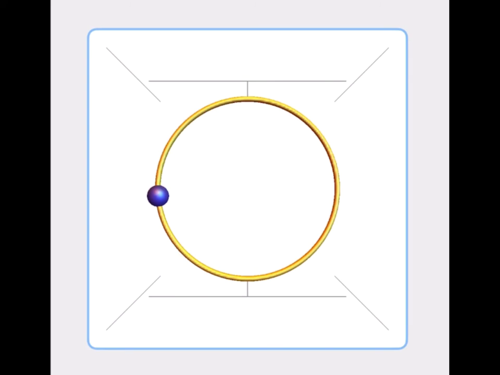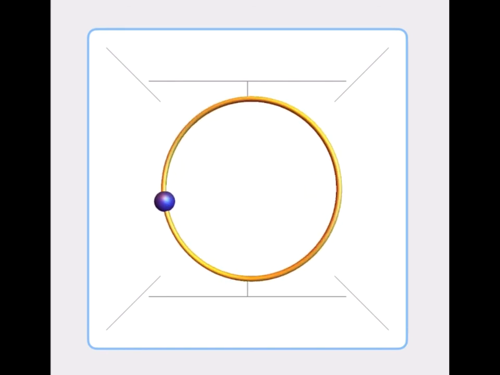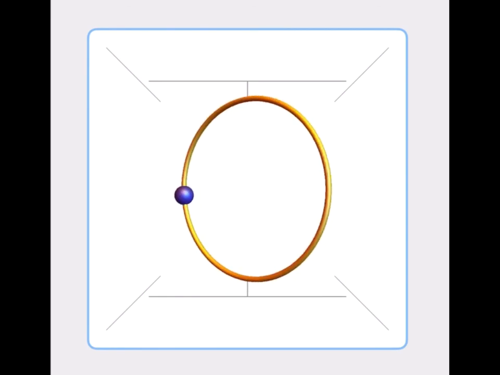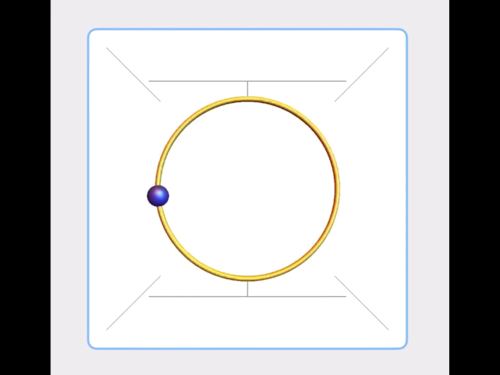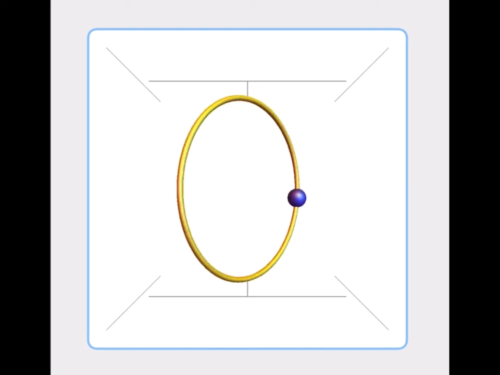More interesting behaviour happens when I start to spin the ring, let's say at a fairly slow velocity, and we see that basically we still have the same kind of motion. The particle swings backwards and forwards, and as I increase the speed, at least as long as the angular velocity is not too great, we have basically the same kind of physical picture.